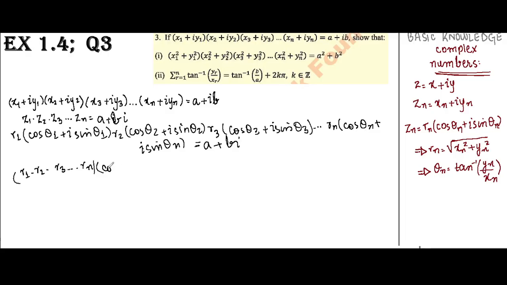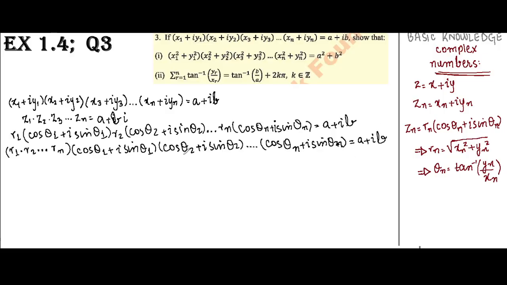So we have cos theta 1 plus iota sine theta 1, then into cos theta 2 plus iota sine theta 2, then cos theta 3 plus iota. Okay, there is no plus here. So I have written this step completely over here.